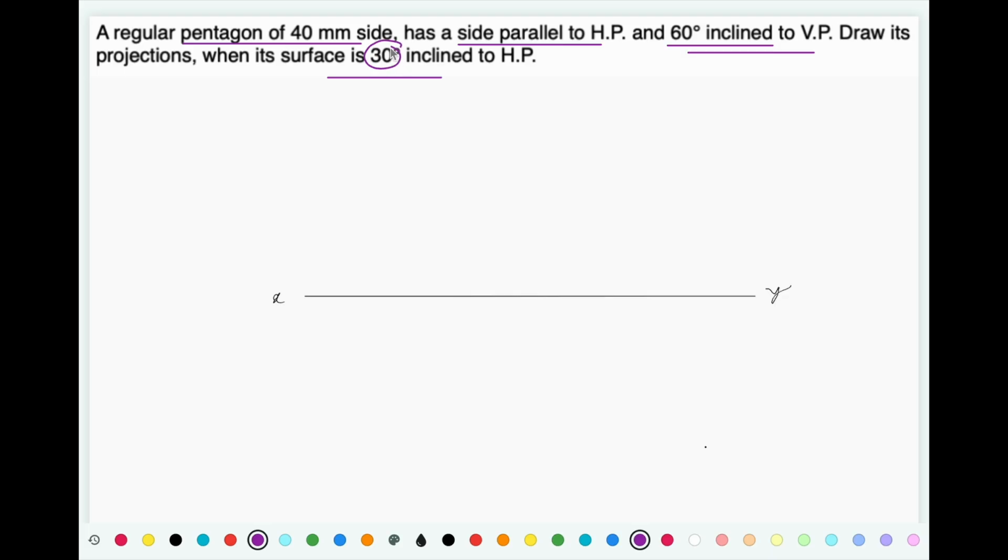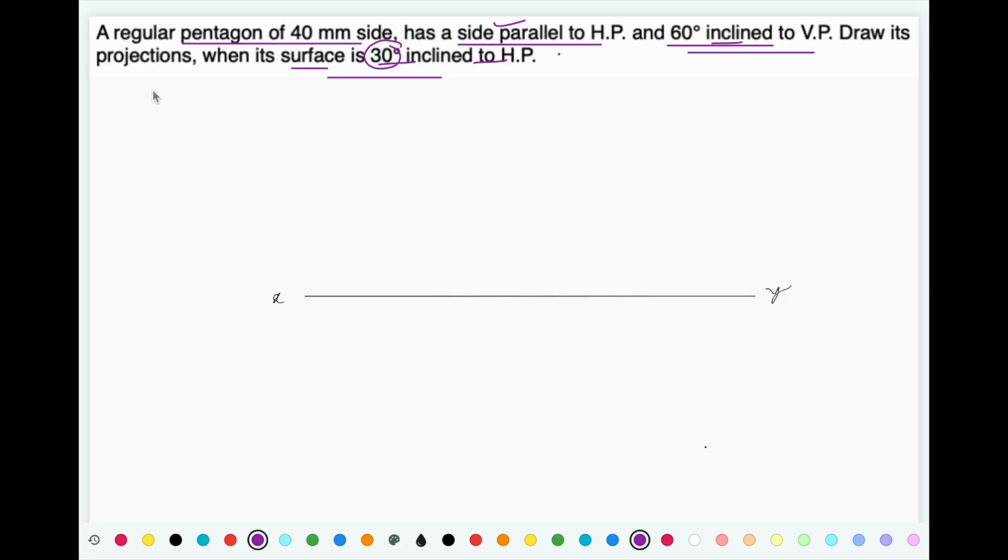So 30 degree with HP is the surface inclination, and other inclination is a side 60 degree inclined to VP. So it is a regular pentagon, has one of the side parallel to HP and surface inclined to HP.